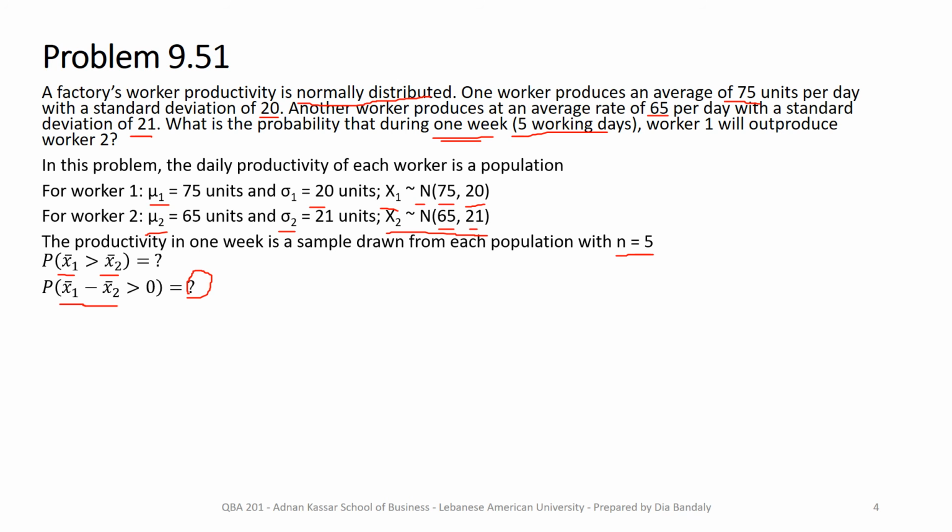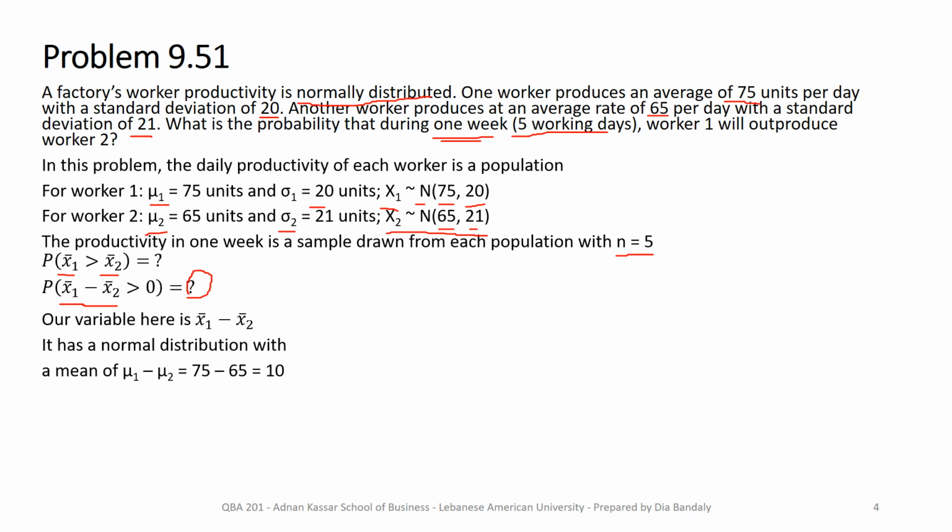What do we know about x1 bar minus x2 bar? We have learned that this is a variable. It has a normal distribution with a mean equal to the difference between the population means, which I know, so that's equal to 10. And it has a standard deviation, with a little bit more complex equation, the square root of sigma 1 squared over n1 plus sigma 2 squared over n2, and this gives me 12.97.